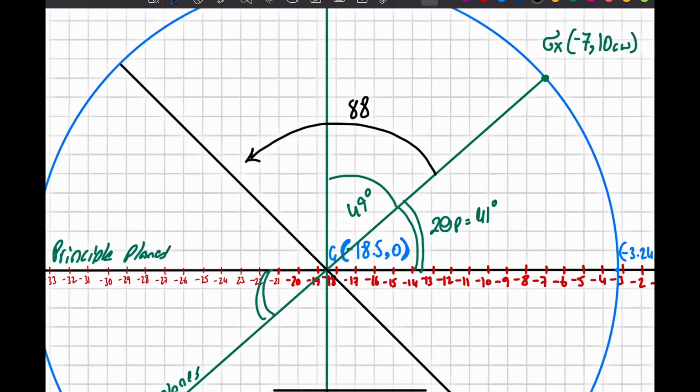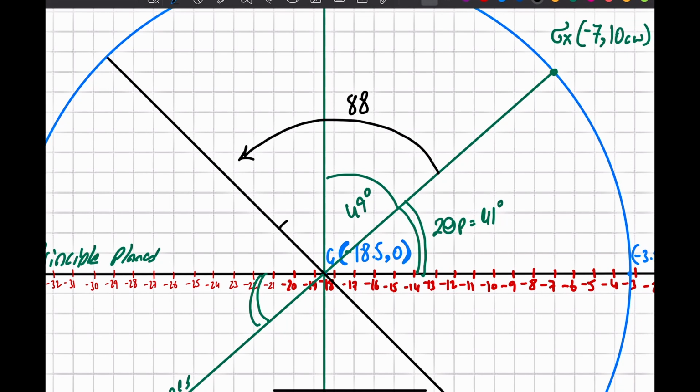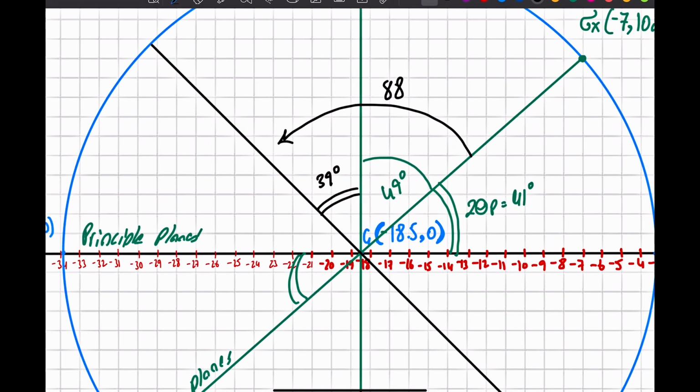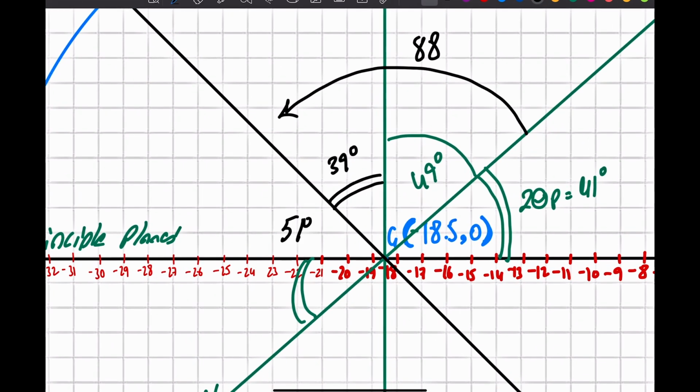Okay, and 88 minus 49, sorry, I'm getting 39. Okay, to complete this, I have 41, 49, 39. So this angle is gonna be 180 minus 39 plus 49 plus 41, because all this makes 180 degrees. So I'm getting 51 degrees.